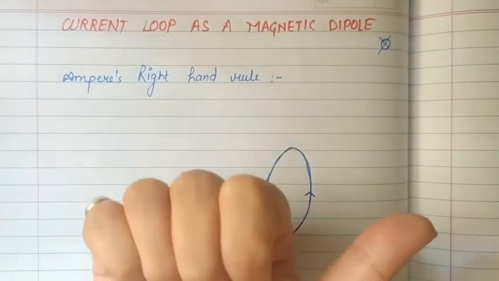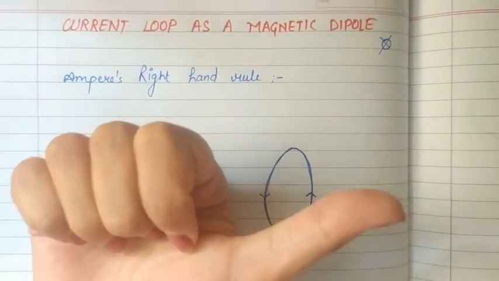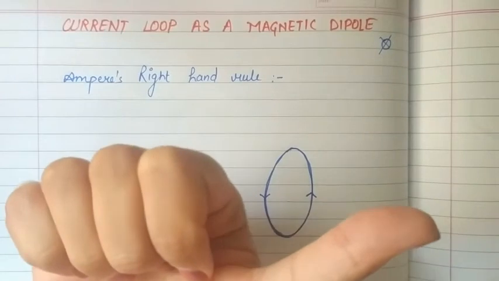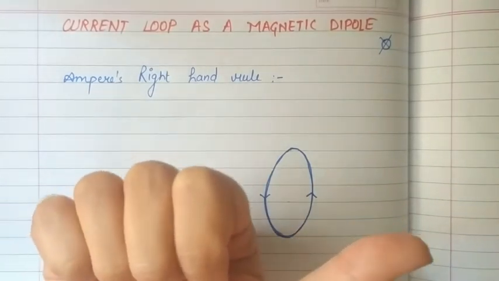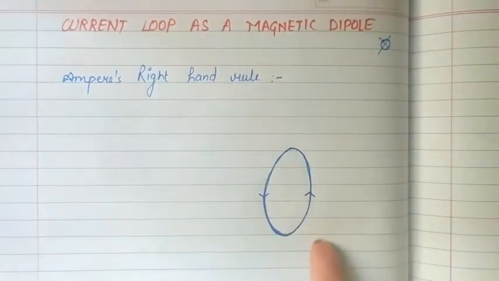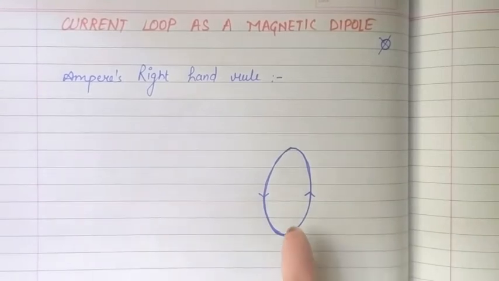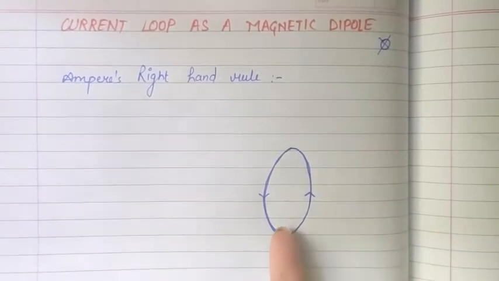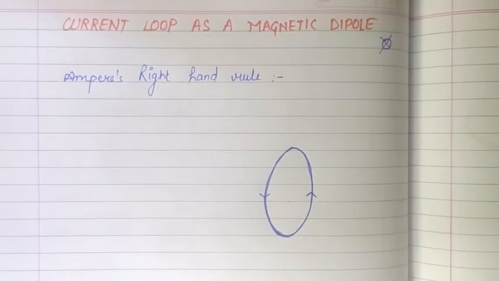Then in this case, the direction in which our right hand thumb points is the direction of the pole having north polarity. Alright, so according to this rule, if I hold this loop with my right hand such that my fingers curl in the direction of flow of current, then the direction in which my right hand thumb is pointing gives the direction of the pole with north polarity.